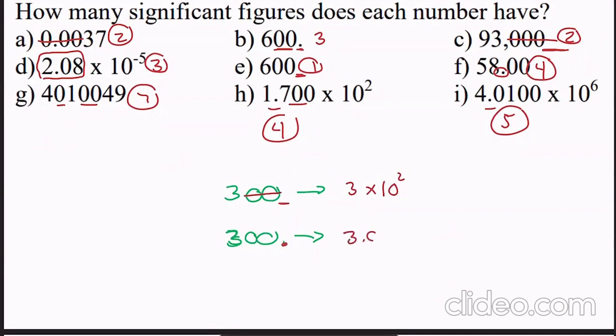This is going to be 3.00 times 10 to the 2. 3 significant figures, 3 significant figures. 1 significant figure, 1 significant figure. Does that answer your question, Hugo?